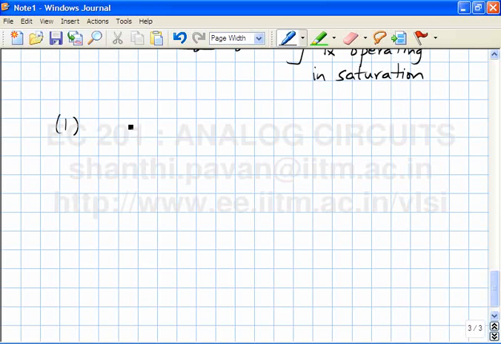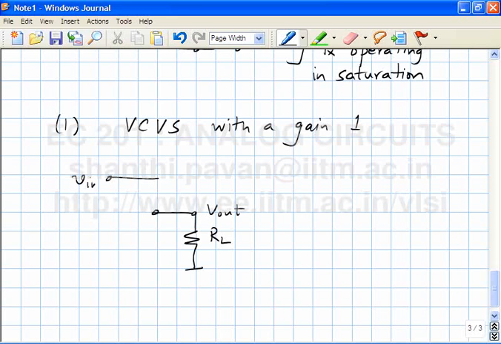So the first thing to do is an incremental voltage controlled voltage source with a gain of 1. How did the incremental equivalent look like? We derived it in the following manner, which I will quickly go through. So you have an output port and you are interested in making V out, where all these quantities are incremental quantities, equal to V in.